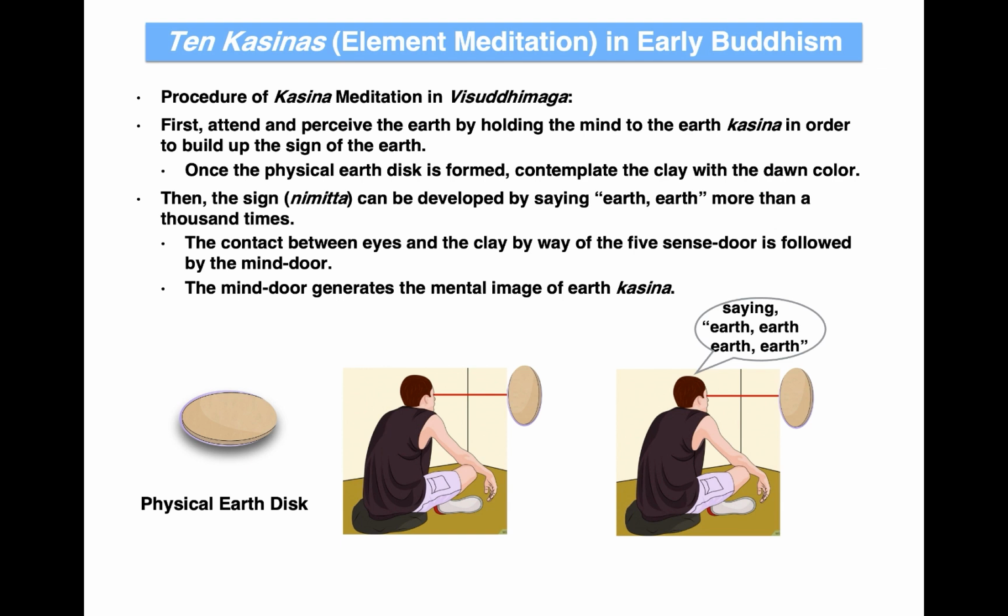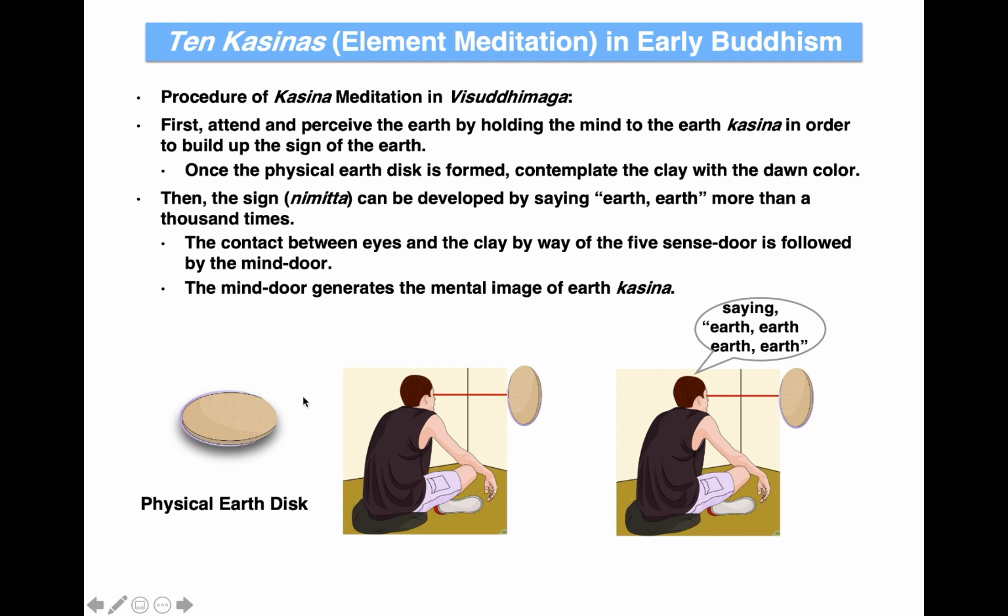The contact between the eyes and the clay disc by way of the five sense doors is followed by the mind door. Then the mind door generates the mental image of the earth kasina. So you will start with the five sense doors, using your eye, your visual sensation.